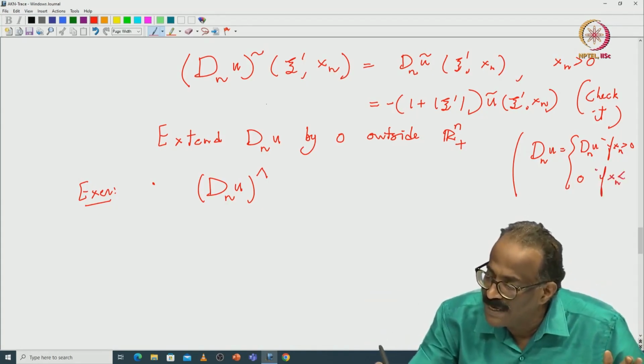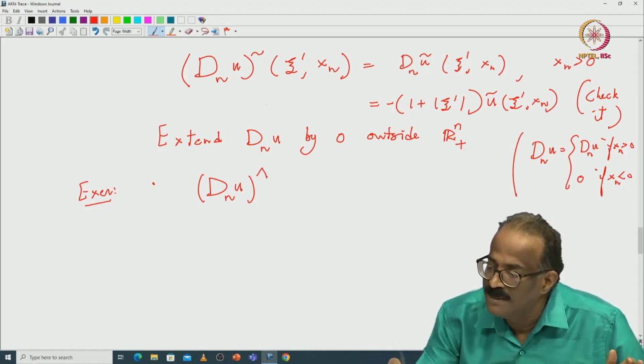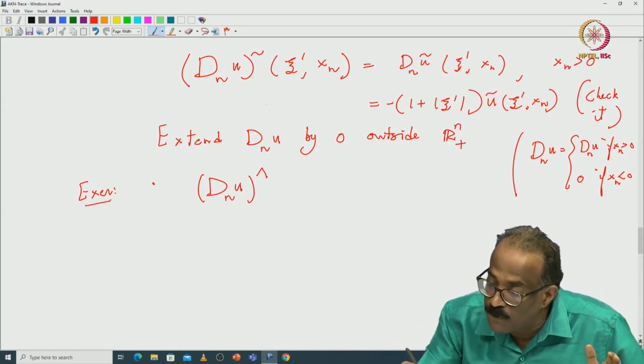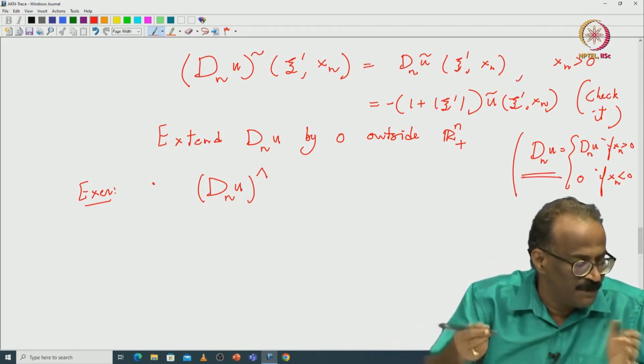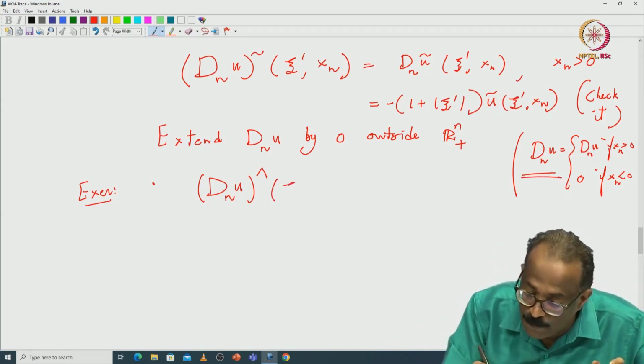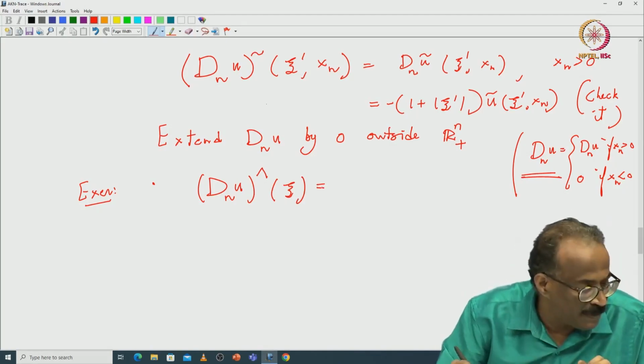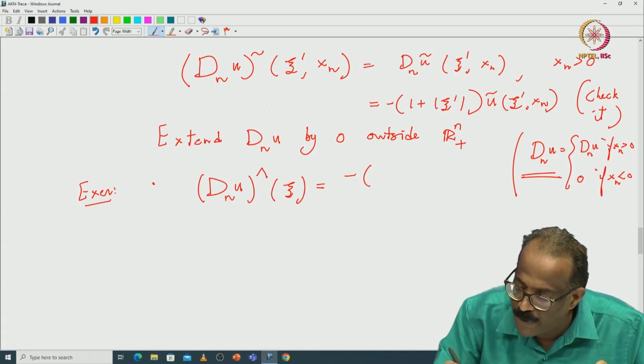When I say I use the same notation, this is the meaning. So this is the d_n of u I am using here. Its Fourier transform you can compute now. I will again do the computation, and I hope all my computations are correct.